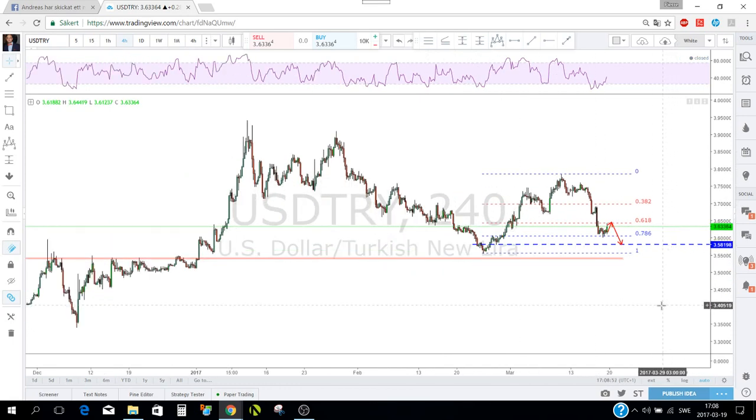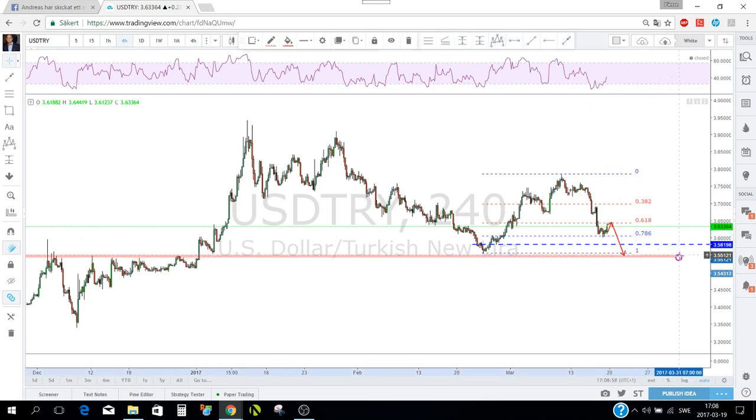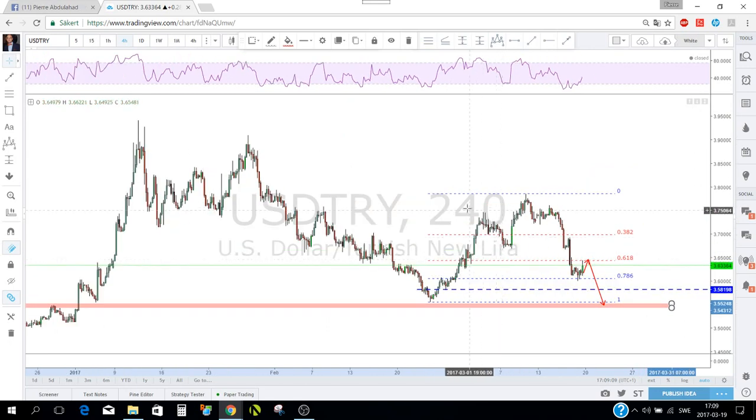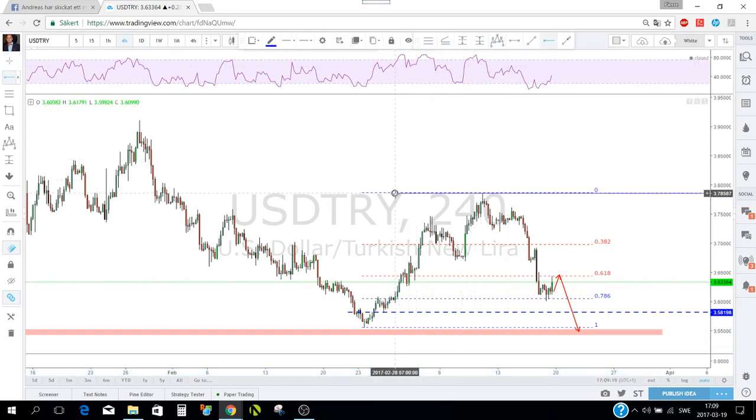The last defense on this pair is going to be one more time back down here at this old structure. So this structure down here is the last defense before it keeps going down. As you see, we couldn't make it above these highs, but there is a possibility that we start ranging now for a while between those two levels.